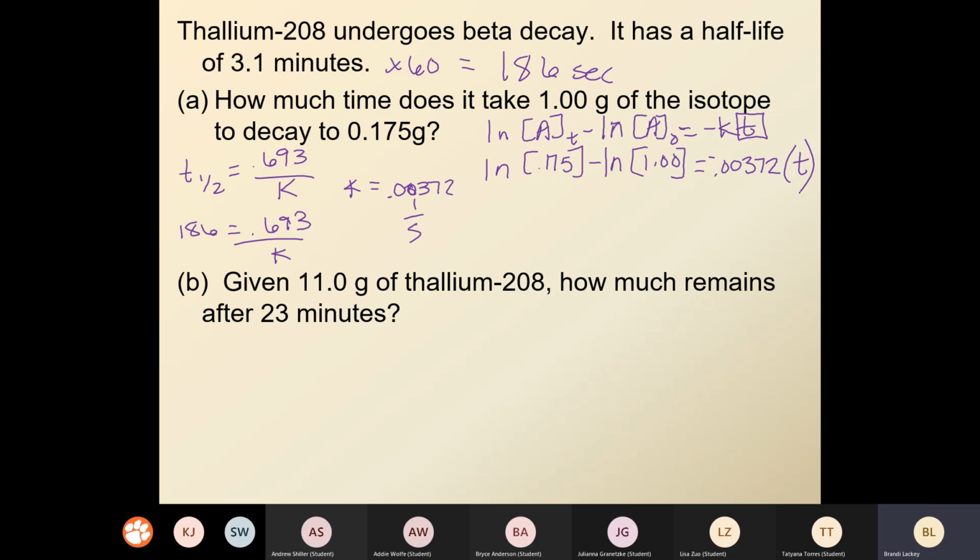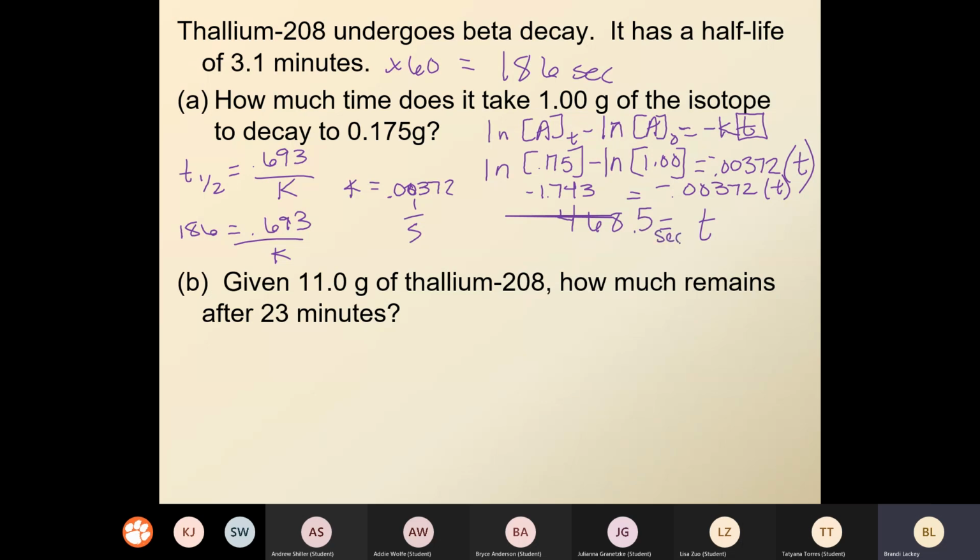So this side's total is negative 1.743, which is equal to negative 0.00372 times t. To get t by itself, we're going to divide by negative 0.00372. So you should get 468.5 seconds.